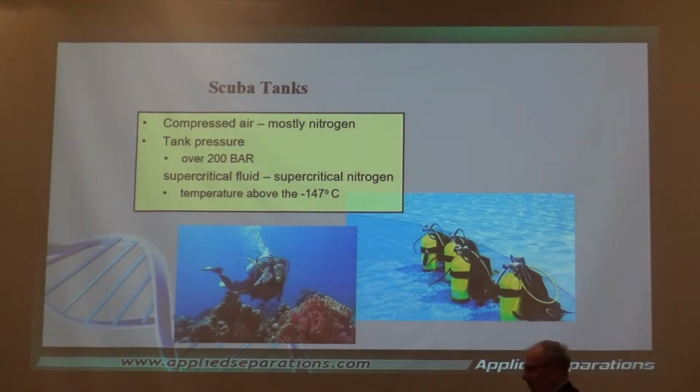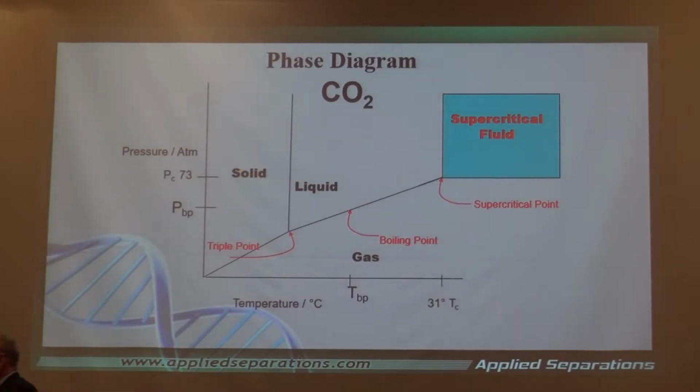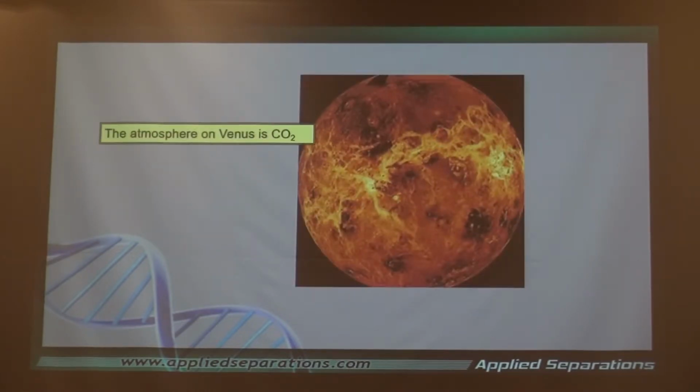There are many different areas where you can use supercritical fluids. Now, that is in this world, but most of the time we use carbon dioxide. If we move outside of this world and go to Venus, we know that the atmosphere there is composed of carbon dioxide.